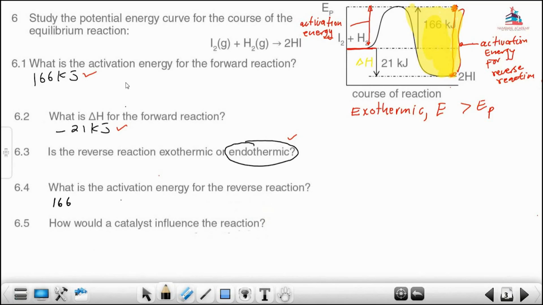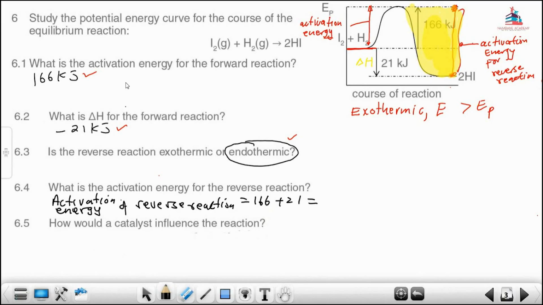Let me write a smaller formula. Activation energy of reverse reaction is equal to 166 plus 21.